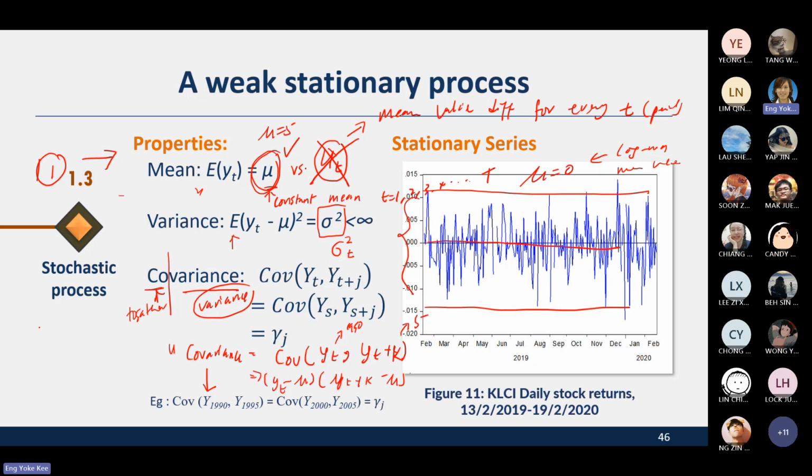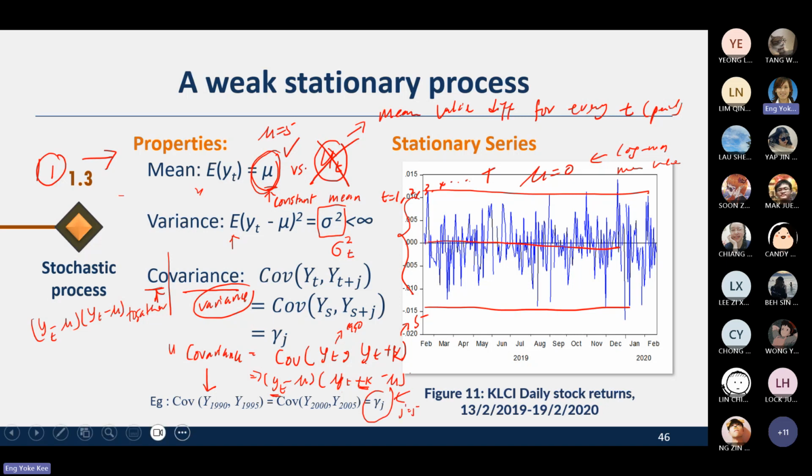Variance means what? Variance means you multiply by yourself, 2 times. Covariance means what? You and 5 years later. So this is the covariance of 5-year time. J is equal to 5.